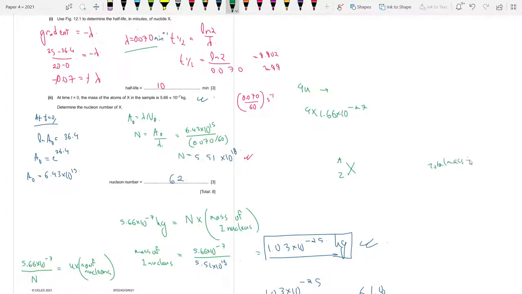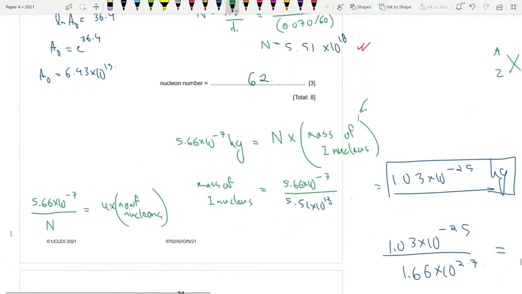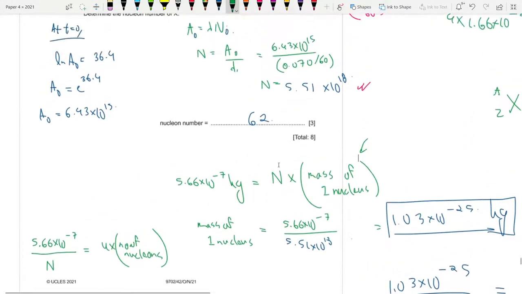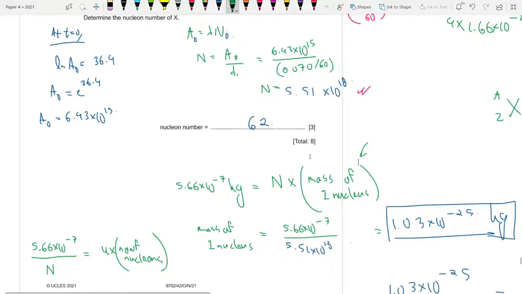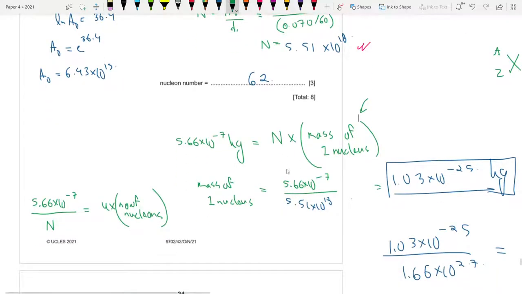Total mass is equal to mass of one nucleus into total number of particles. That's what I applied here. The total mass 5.66 into 10 power minus 27 is equal to the number of particles into the mass of one nucleus. Okay, so let's go for it.